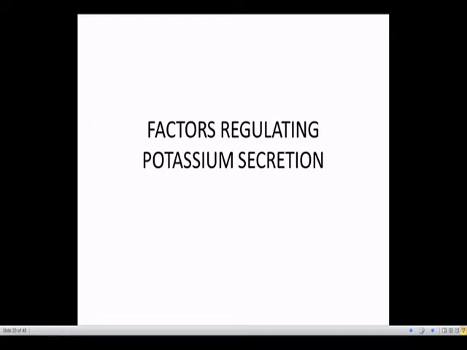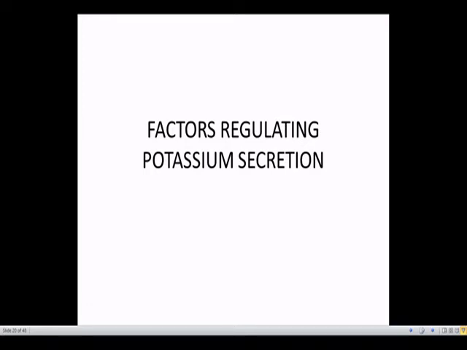Factors regulating potassium secretion. Because normal regulation of potassium excretion occurs mainly as a result of changes in potassium secretion by the principal cells of the late distal and collecting tubules, we will study the primary factors that influence secretion by these cells.